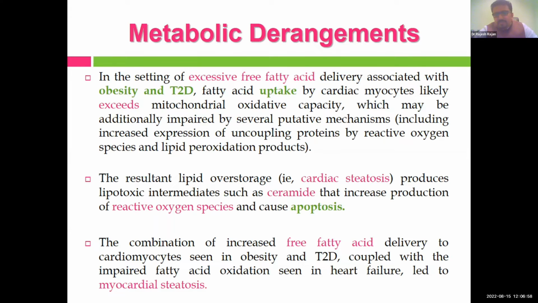The resultant lipid over-storage, which is called cardiac steatosis, produces lipotoxic intermediates such as ceramide and increased production of reactive oxygen species, which we call ROS, which causes apoptosis. The combination of this increased free fatty acid delivery to cardiomyocytes seen in obesity and type 2 diabetes, coupled with impaired fatty acid oxidation seen in heart failure, leads to myocardial steatosis.